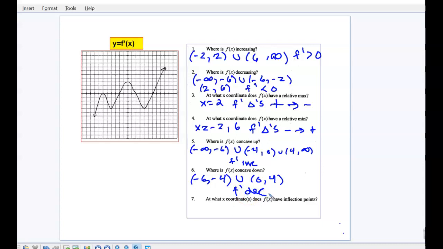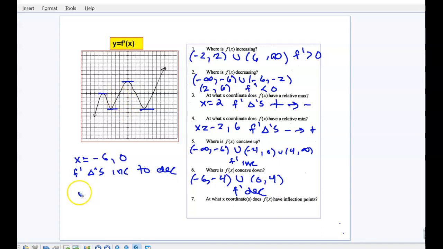And now, at what x coordinates do we have inflection points? Well, at all the hills and valleys, and we'll have a sign change on either side. So I'm going to rewrite this one in two cases. I'm going to do the two positive hills first. At x equals -6 and at x equals 0, f prime changes from increasing to decreasing.